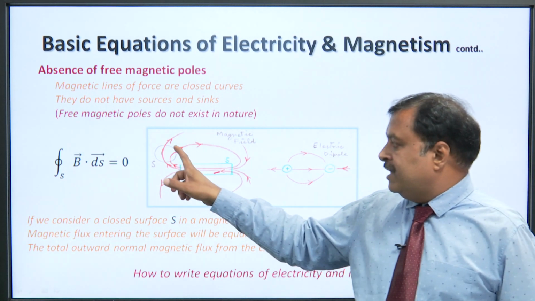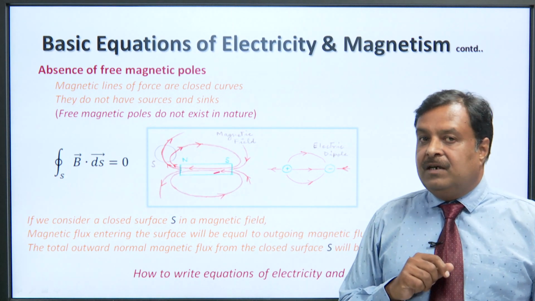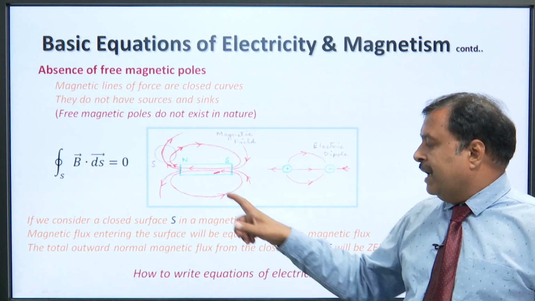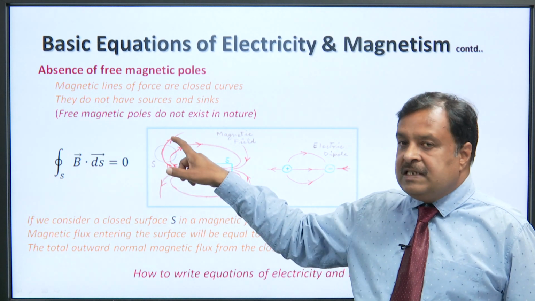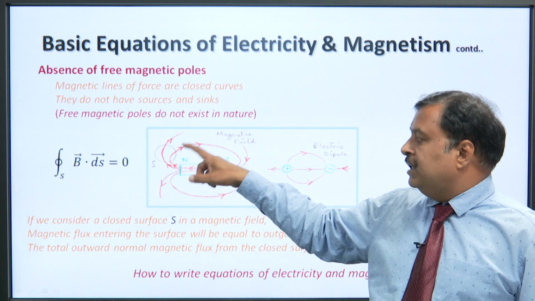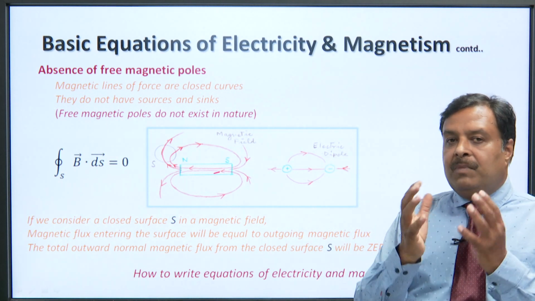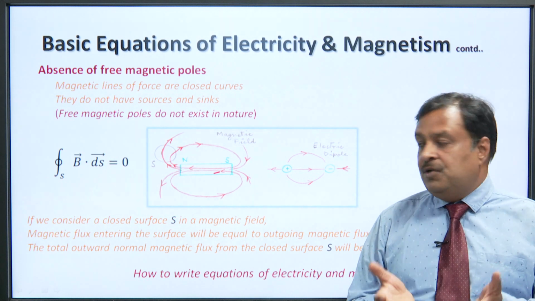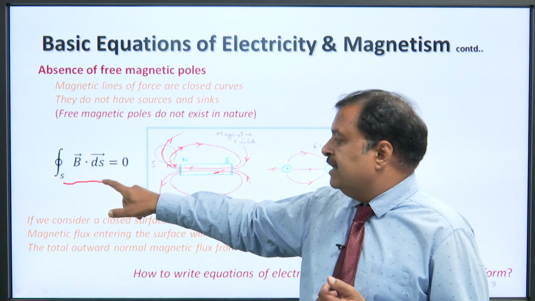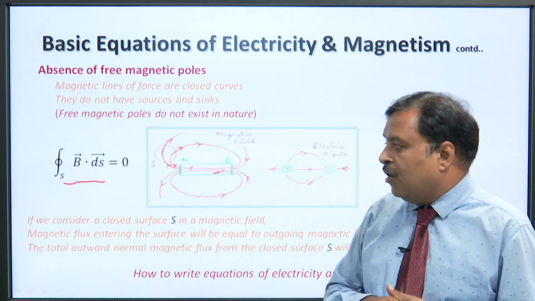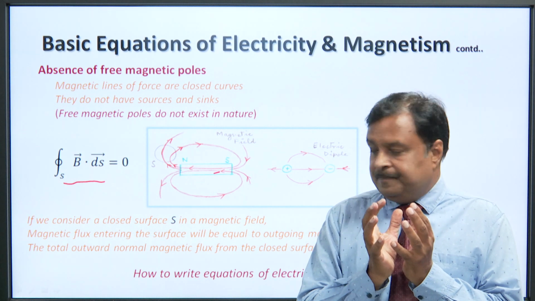So, if you consider a closed surface in the magnetic field, the magnetic field lines of force are entering from one side and emerging from the other side. So, total outward normal magnetic flux will be 0. This integral shows the total outward normal magnetic flux from a closed surface.